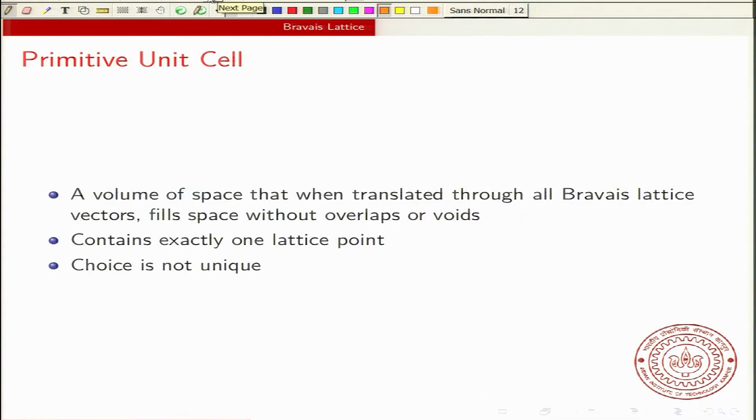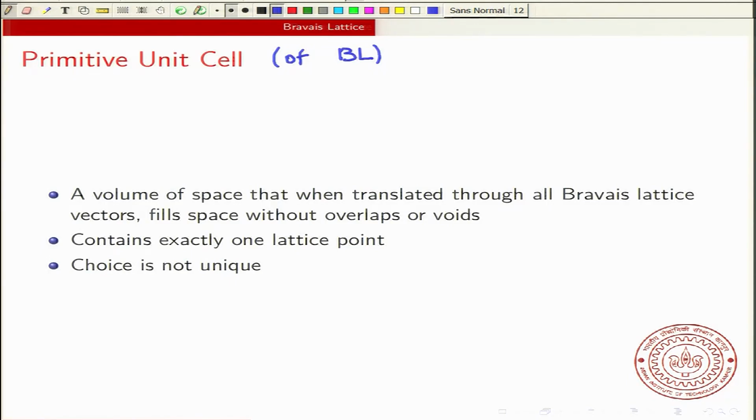Now what is a primitive unit cell? Let me emphasize that here we are referring to the primitive unit cell of the Bravais lattice. This is a volume of space that, when translated through all the Bravais lattice vectors, fills the space without overlaps or voids.